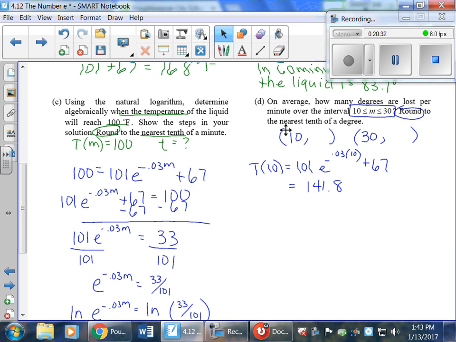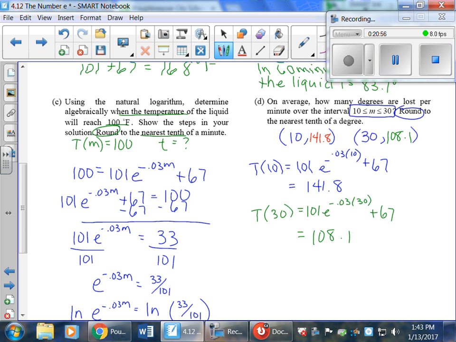So that number, 141.8, goes up here. Then we're going to do T of 30, which is 101 e to the negative 0.03 times 30 plus 67. Put the whole thing into your calculator and you get 108.1. And that goes here. Notice we are rounding it to the nearest tenth of a degree.